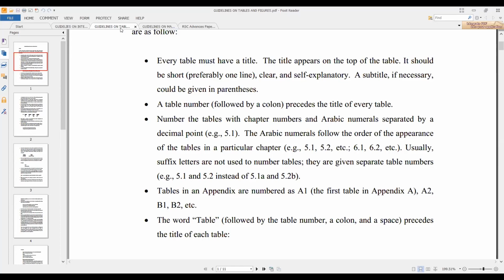Tables in the appendix are numbered as A1, A2, B1, B2, etc. If you want to add tables as appendix or as a supplementary file, then the table number will be A1, A2, B1, B2, and so on.